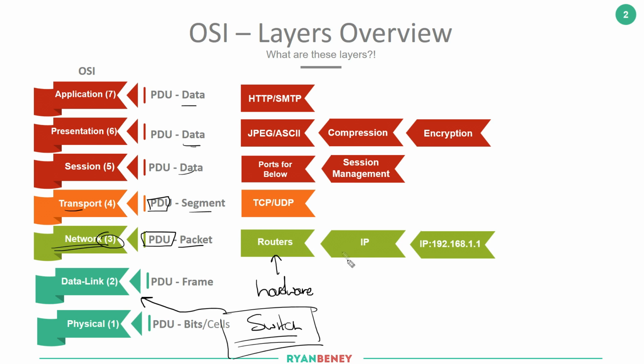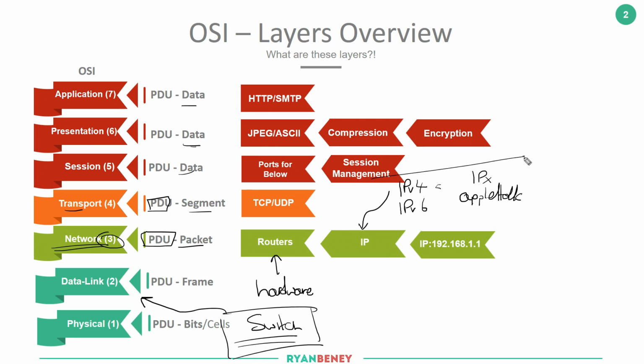We also come across a protocol called IP. IP itself can be split into many different versions. We have IPv4. We also have IPv6, and other protocols that run at the network layer include IPX or something called AppleTalk.